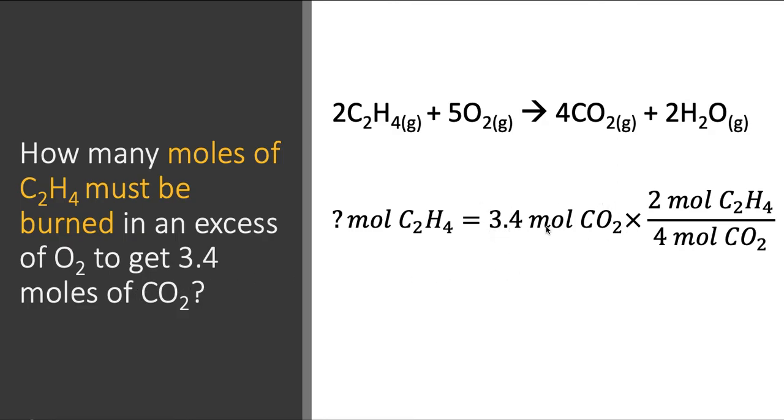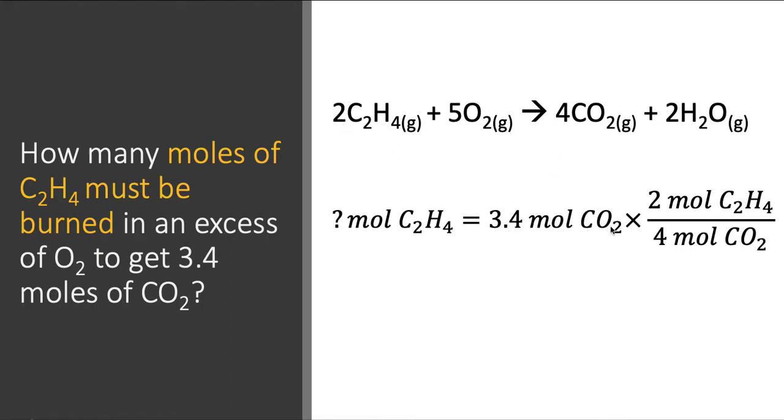So I have 3.4 moles of CO2, and I need to find a way to relate these moles back to moles of ethane. And I do that by using the balanced chemical equation, because I know that for every 4 moles of CO2, I burn 2 moles of C2H4. What if I don't have 4 moles, I have 3.4 moles. So I should get a little less than 2, obviously.